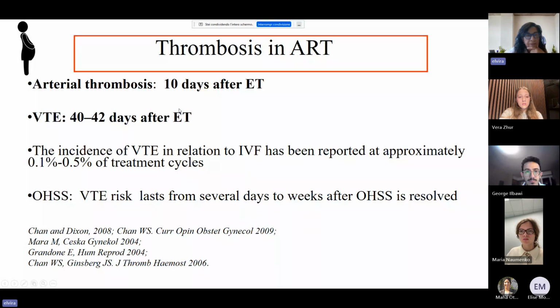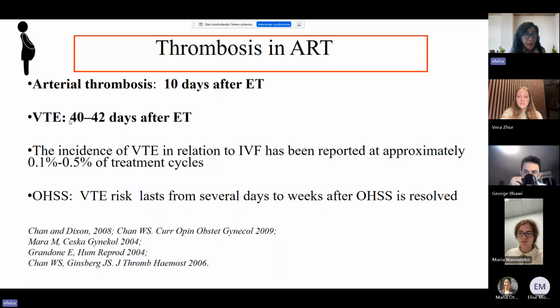We know, for instance, that arterial thrombosis often occurs about 10 days after the embryo transfer, meaning that it occurs earlier than venous thromboembolic events. Whereas, as you can see here, we know from observational data that venous thromboembolic events occur later, 42 days after the embryo transfer, and the risk, however, we will see this later, can last throughout the entire pregnancy.